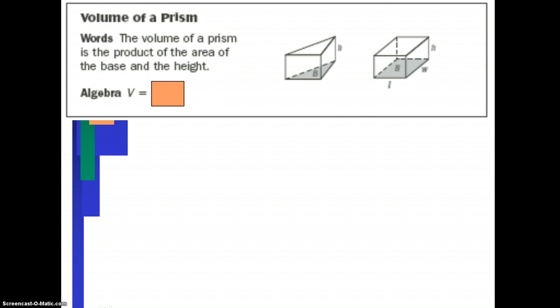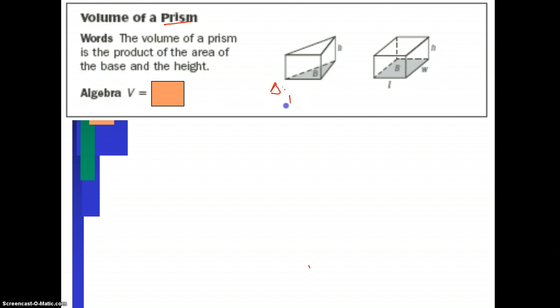Now, the volume of a prism is the product of the area of the base and the height. Just like last time, they give you very generic formulas, so I'm going to be a little more specific. The first one I'm going to talk about is the triangular prism.